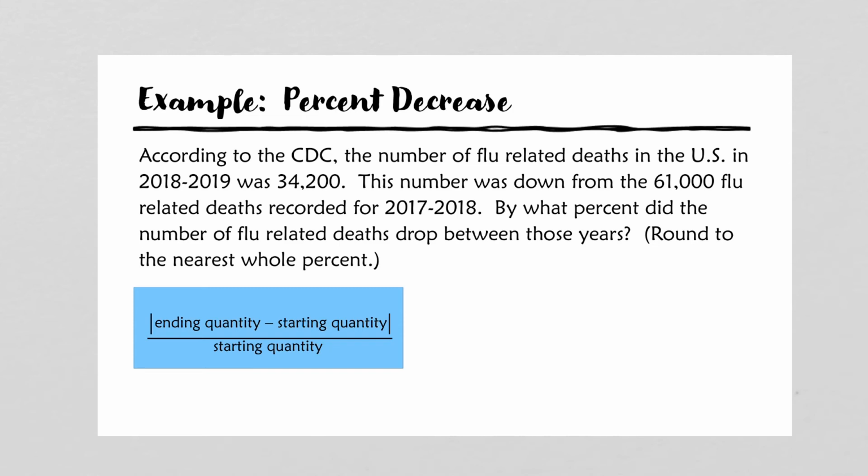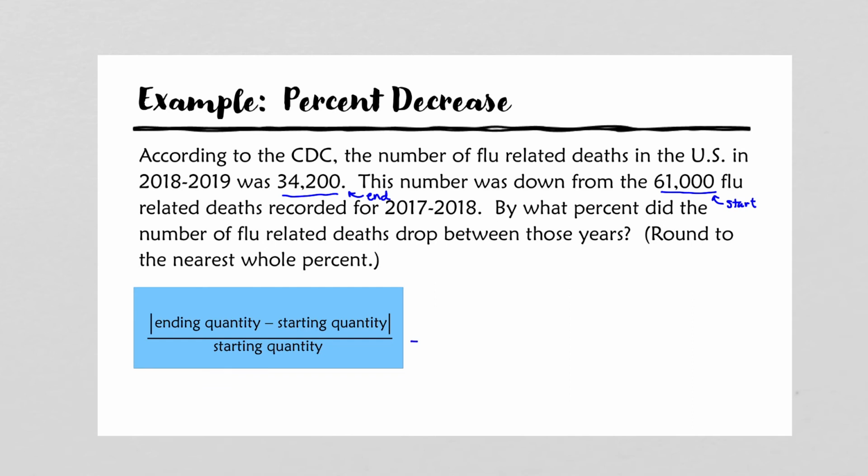In this particular example, let's figure out what each of those numbers are. We started in 2017 to 2018 with 61,000 flu-related deaths. So this time, our start amount is 61,000, and we ended in 2018 to 2019 with 34,200. This is our end quantity.